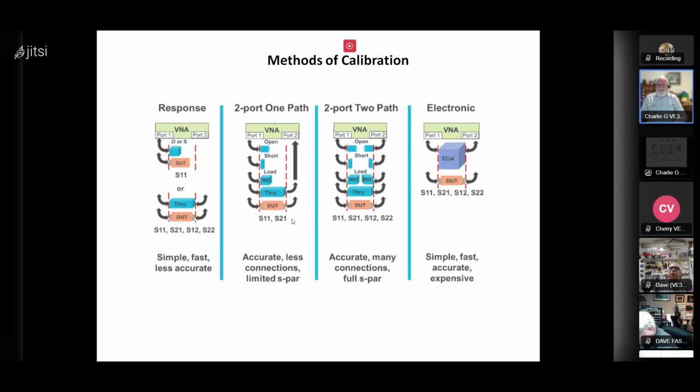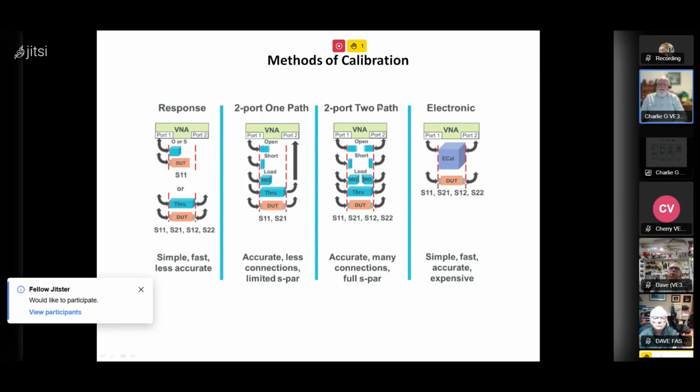So this is quite accurate. The problem is there's quite a bunch of measurements to do here. It takes some time, but for us, it's the right thing to do, this 2-port 1 path approach.